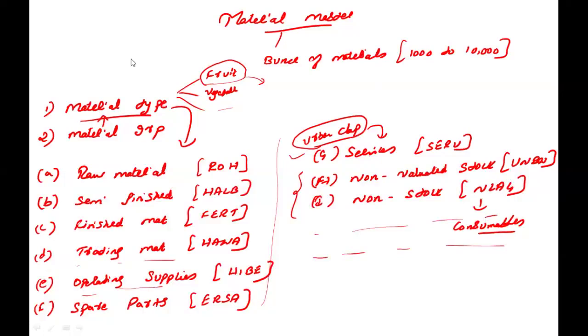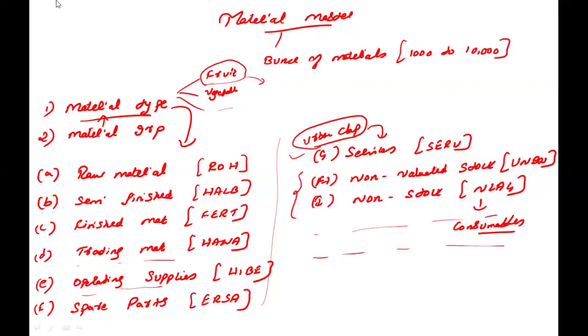For example, if any oil and gas industry or power plant is purchasing some equipment for their use, it comes under operating supplies, right? If they are going to use it for their own purpose, then it is operating supplies.